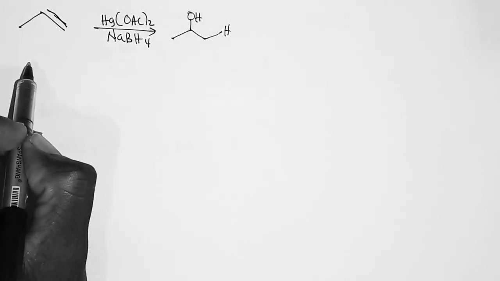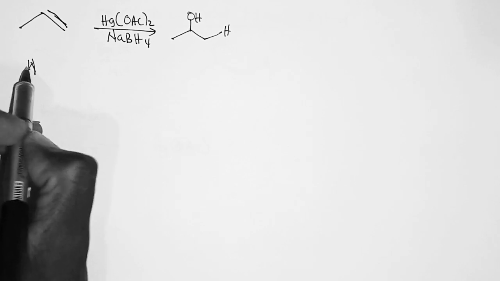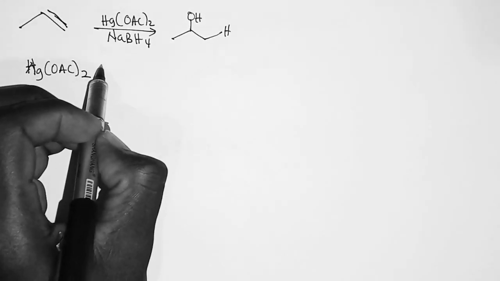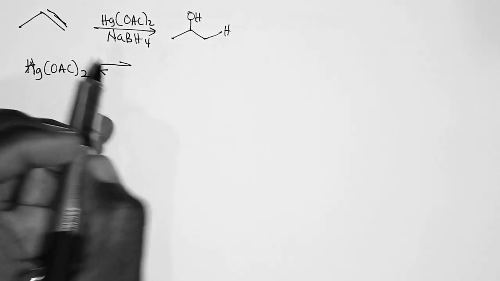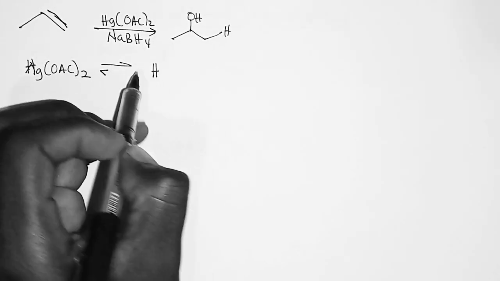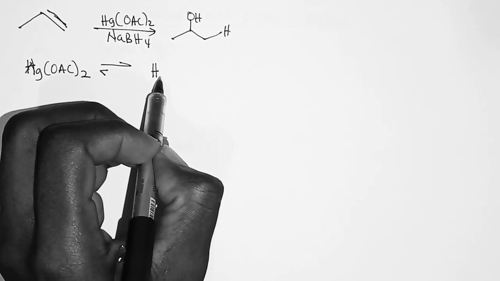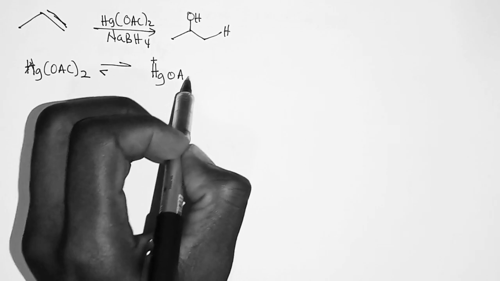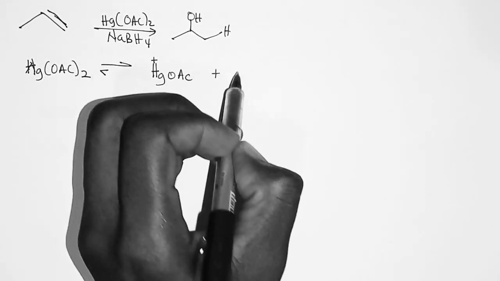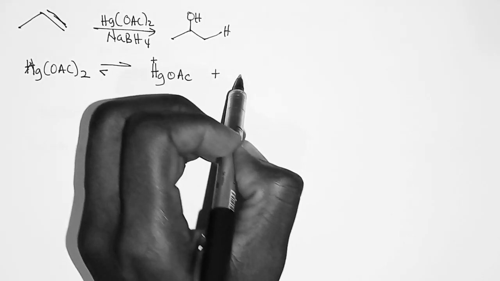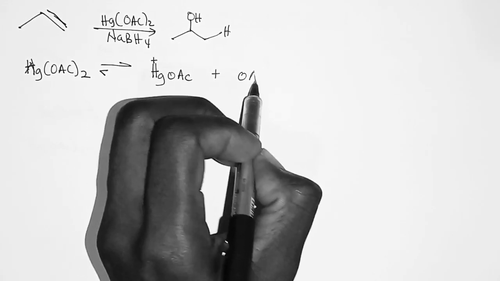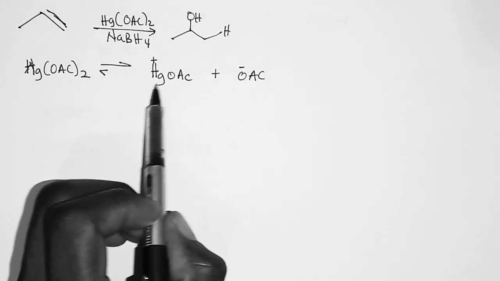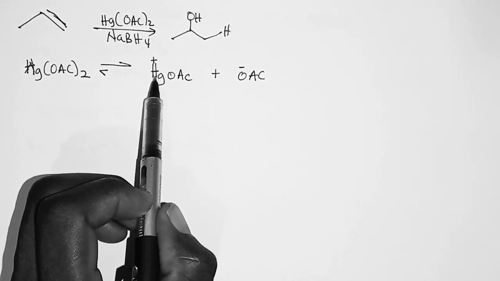In solution, the mercuric acetate will ionize, and when it ionizes, it will give us the mercury acetate ion and also the acetate anion. Now, we can see that this is an electrophilic center.